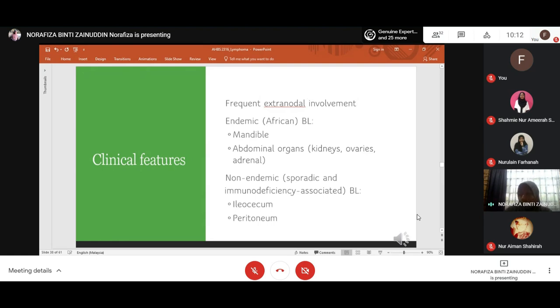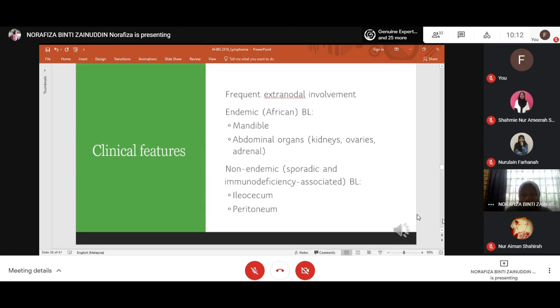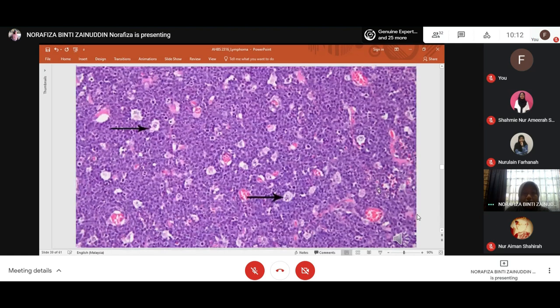All right. Okay, so this is the morphology of Burkitt's lymphoma. Usually they share the same histologic features, including a diffuse architecture, medium-sized lymphocytes with scanty cytoplasm, and the presence of numerous tingible body macrophages.